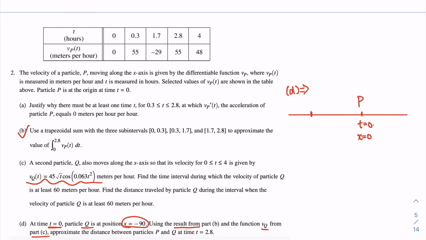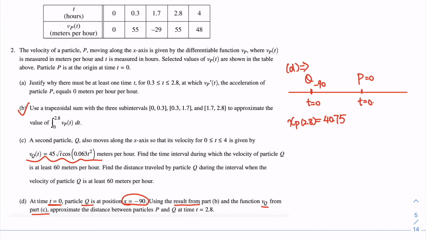At t equals 0, Q is at negative 90. Based on part B, the position for P at 2.8 is given by 40.75. XQ at 2.8 is given by XQ at 0 plus the integral from 0 to 2.8 of VQ dt.